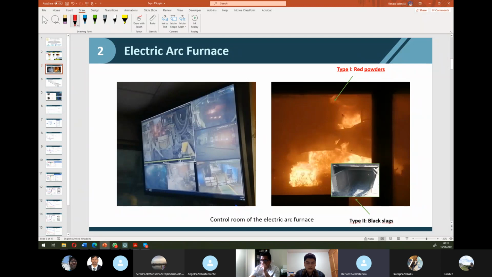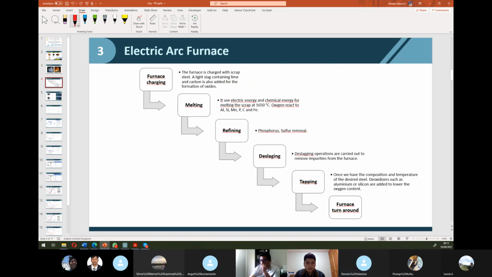Here are the red powders, or type 1 sample, and these are the type 2 black slags. These two samples I studied in this presentation.